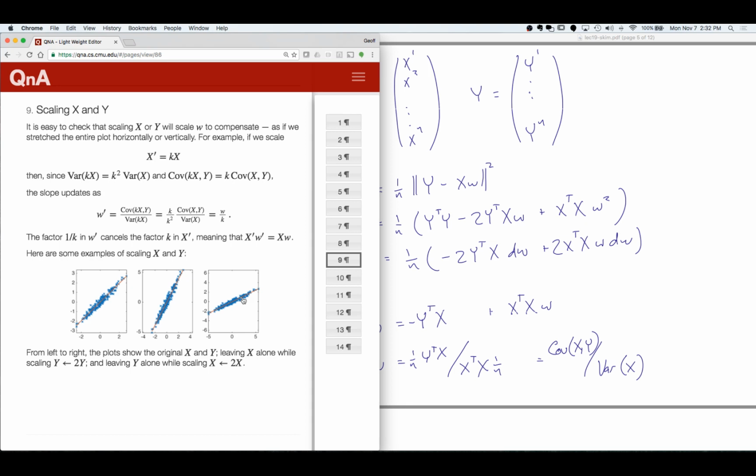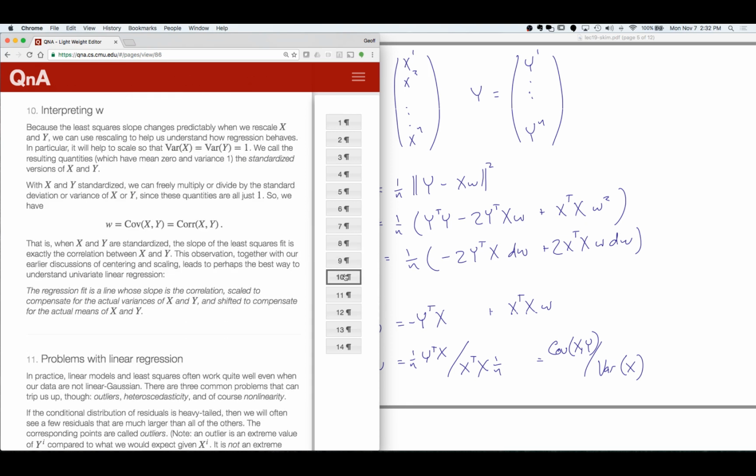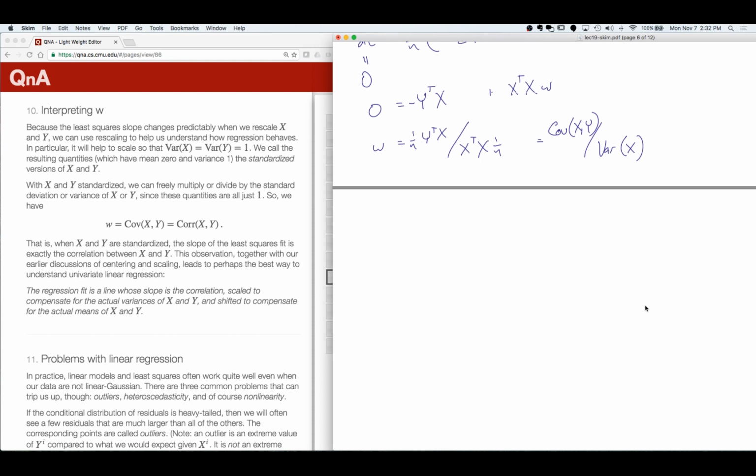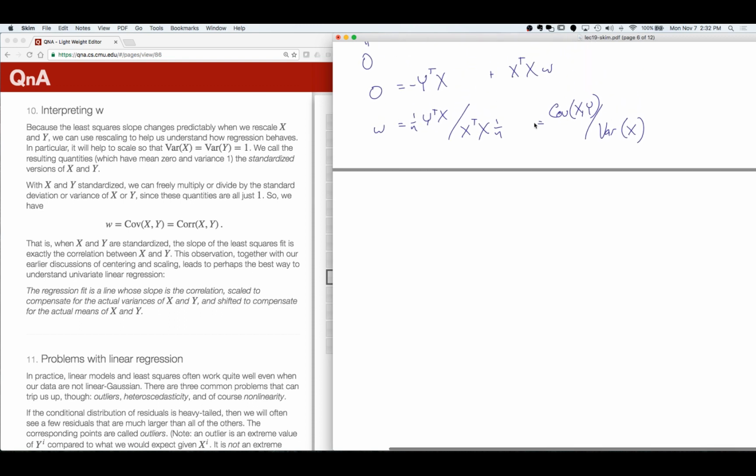All right, so because we can do that scaling, we can scale so that x and y both have variance 1. And we'll say here we've scaled so that variance of x is equal to variance of y is equal to 1, right? Then variance of x goes away, and we just get w is equal to the covariance of x and y.